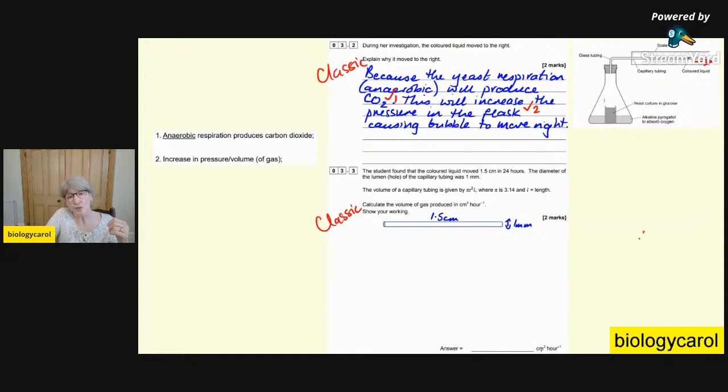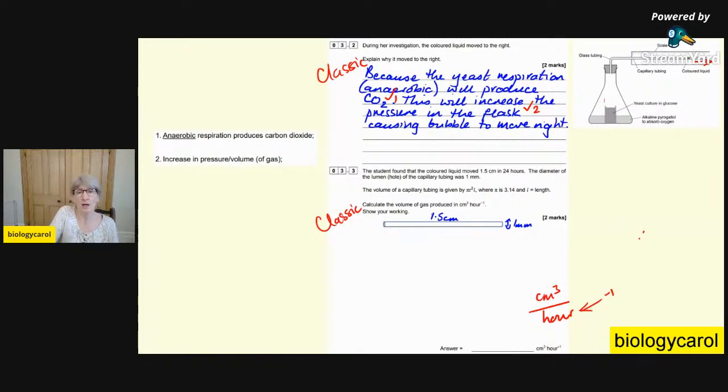They want you to work out centimetres cubed of something, and you probably know it's the gas, centimetres cubed per hour. This -1 per hour is literally meaning centimetres cubed divided by hours, because the -1 means divided by. So that tells me that I am dividing a volume by the number of hours.